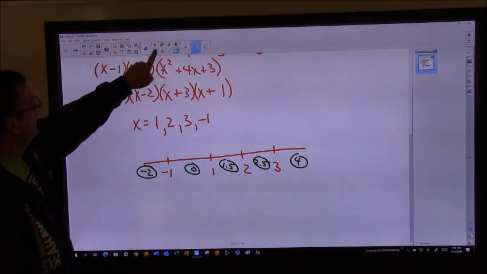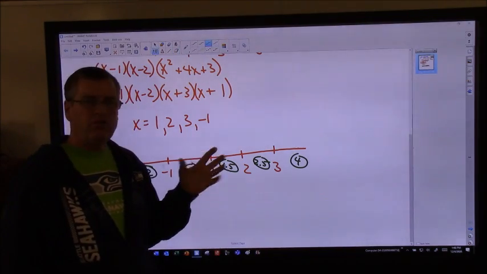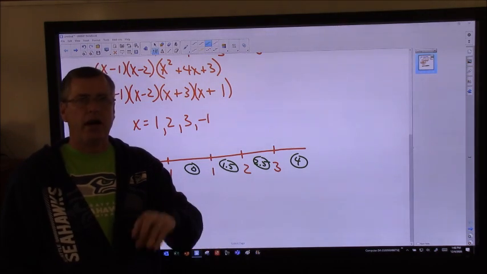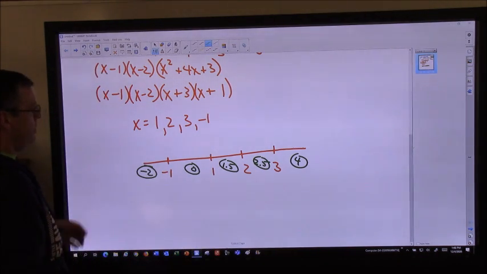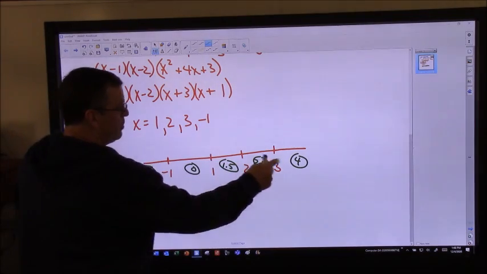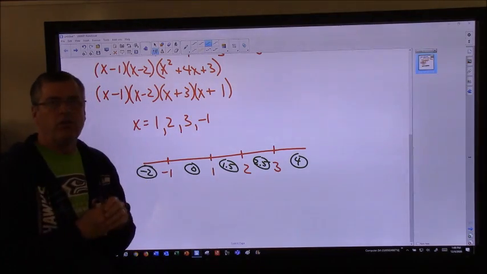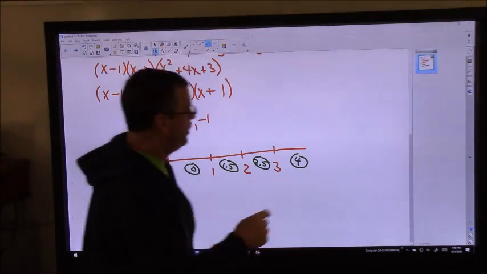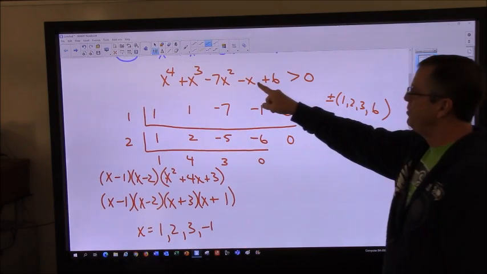And sometimes we look at that and we go, oh, decimal numbers, really? Well, remember, I don't have to figure out what this equals. I just have to decide if I get a positive or negative result. That's all that matters. And when I plug these test numbers in, I'm always going back to the factored form to plug it in. That's really important. Okay? Could I go back to the original equation and plug it in here?